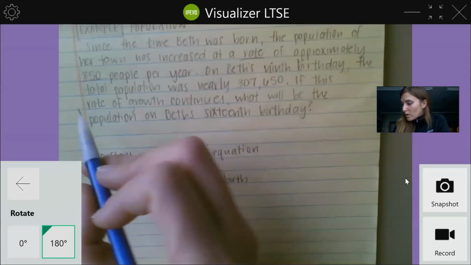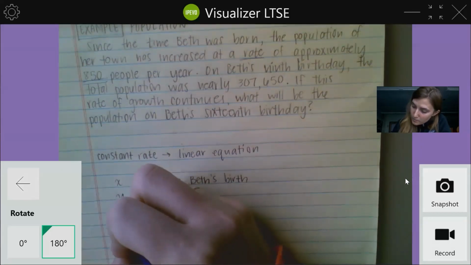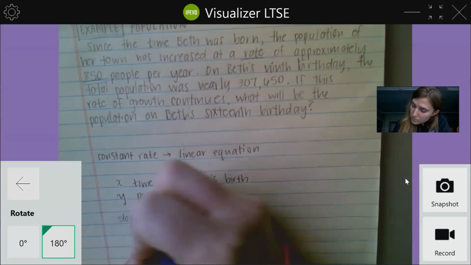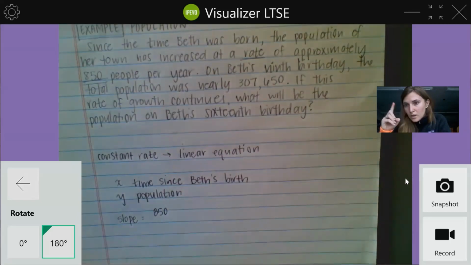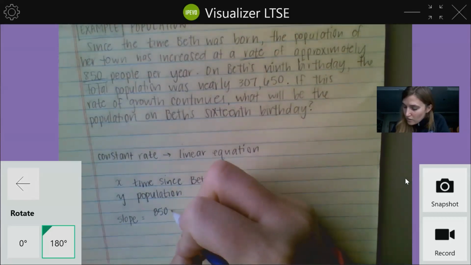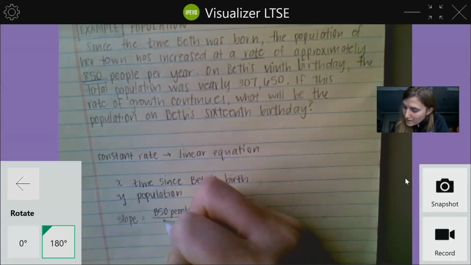We know that the population is increasing by 850 per year. So the slope is 850, and think about it like a ratio. That's 850 people per 1 year.